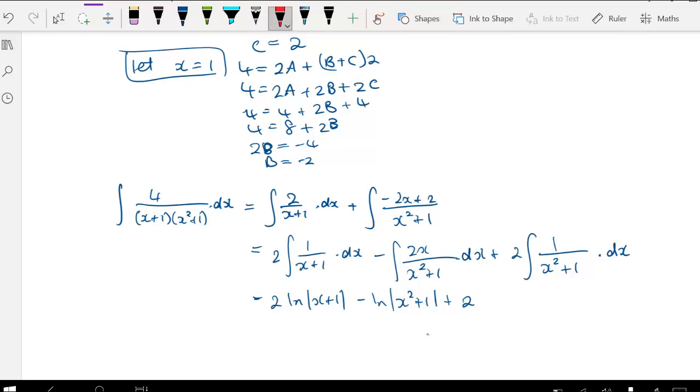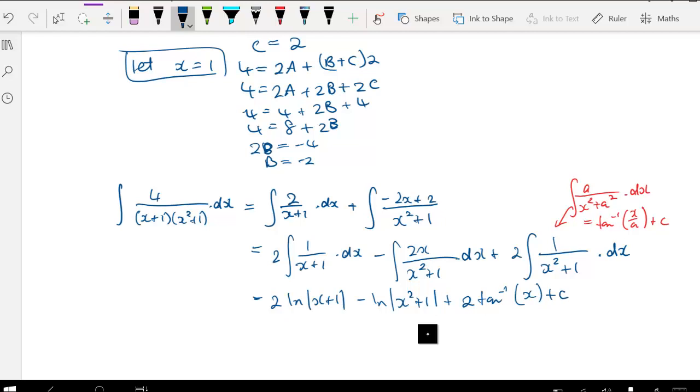So think of it as a over x squared plus a squared integral of with respect to x, which will give us arctan of x on a plus c. So that means in this case a is 1, so we have 2 lots of arctan of x on 1, or just x, plus c. And there we have that integral.